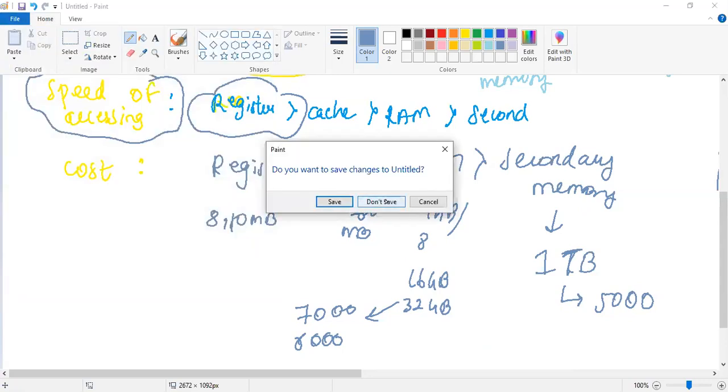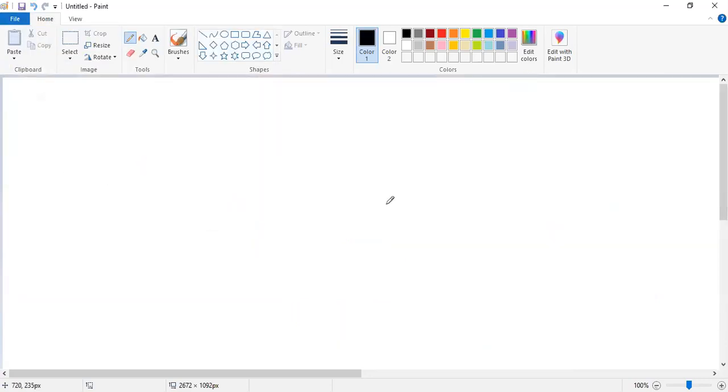Now let's see the types of registers which we have in 8085.